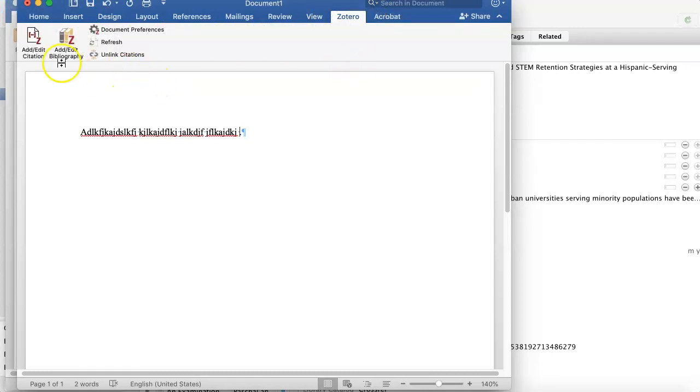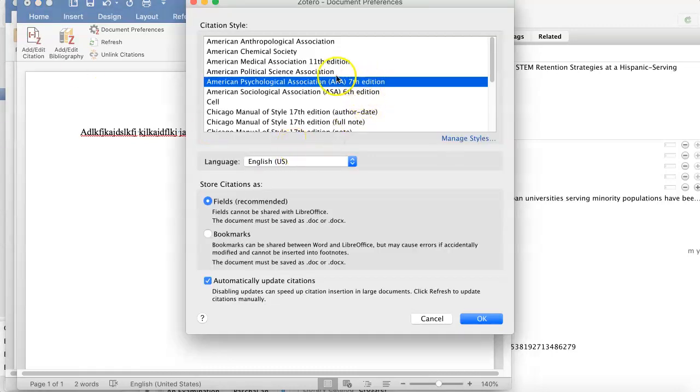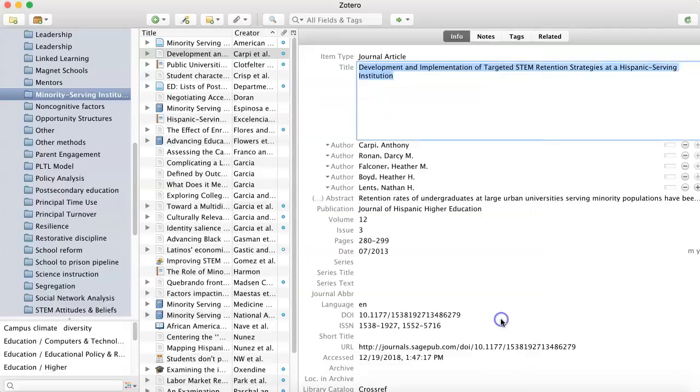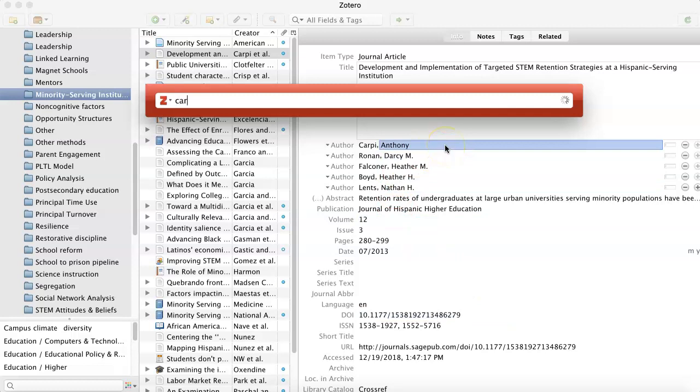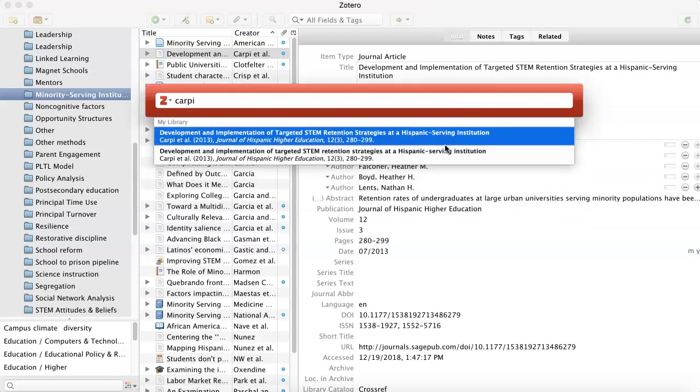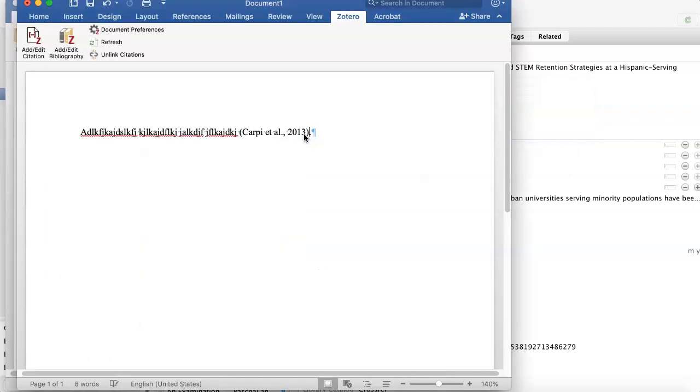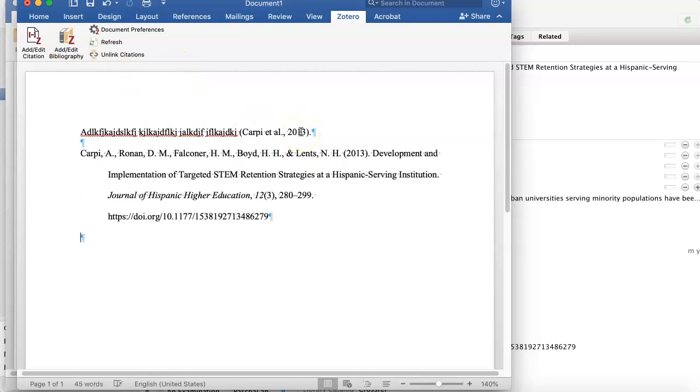You click on this tab here, and I'm going to add a citation. We're going to have the APA 7th edition. Let's say it's these folks right here. Click on it, we hit enter, and there it is. And the nice thing is then I get to the end of my paper, and I say, please add a bibliography. Boom, there it is. You just saved yourself hours of work.